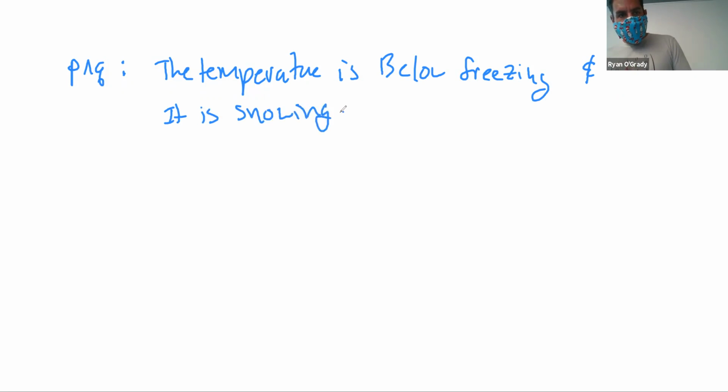Now, again, what I really need you to note is this is in fact a proposition because it can be verified, whether it's true or false. So for this statement to be true, both would have to be true, right?